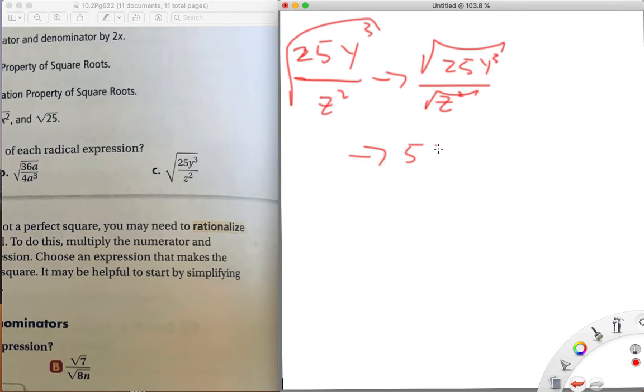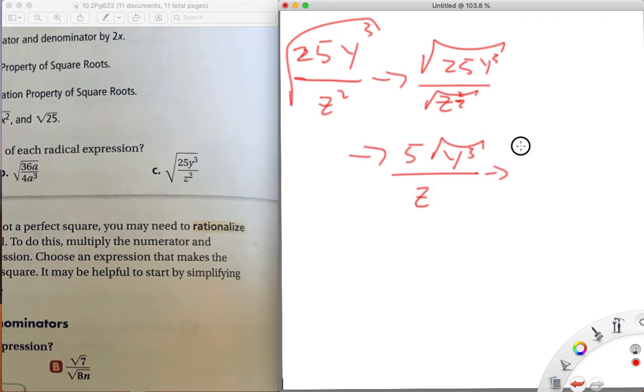So it's going to be 5 square root of y cubed times z, because square root of z squared is z. For that y cubed, I can pull out a perfect square because it's not considered simplified.